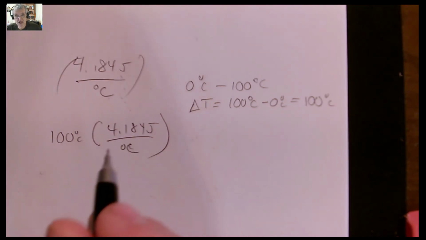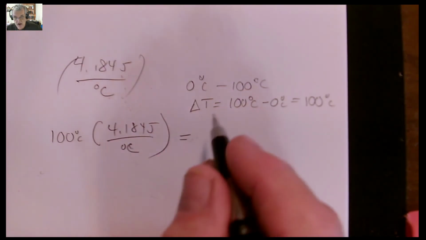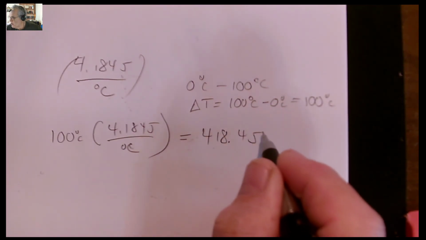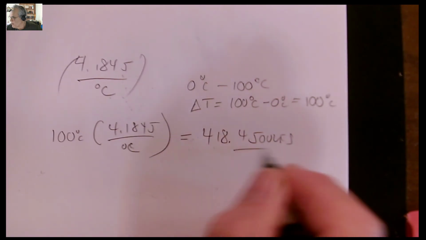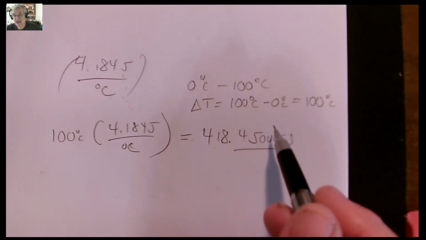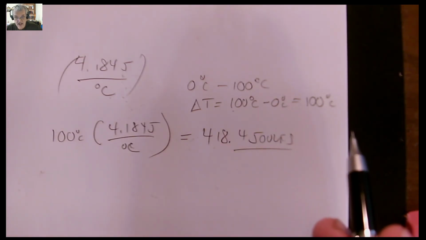They're not the same, but the change is the same. And that means there is 418.4 joules of energy to raise the temperature of 1 gram of water from 0 degrees freezing to 100 degrees boiling.